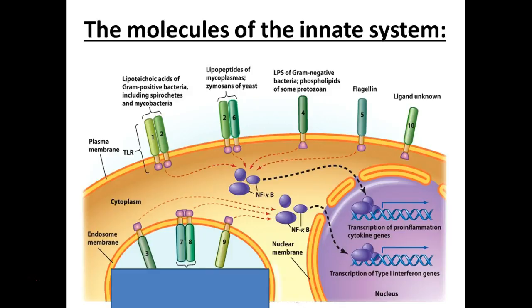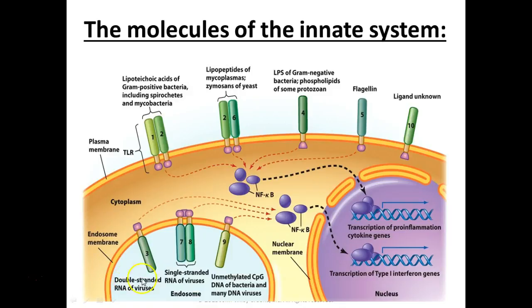So we're talking about double-stranded RNA viruses. So we don't have double-stranded RNA, did we? No, our RNA is single-stranded. So when double-stranded RNA gets inside of our cells, and that's, again, where viruses go, is inside. So we really got to have this detection inside.